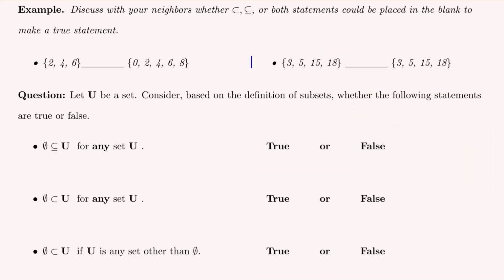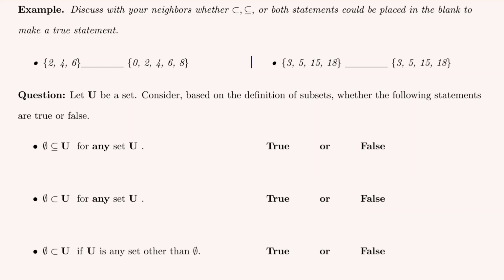Now in this next example, we're going to look at the statement written and assess whether we could correctly include the symbol for subset, proper subset, both, or neither. And if you're ever asked to check whether you should put a subset symbol or proper subset symbol, the procedure is always to check, is it a regular subset first?